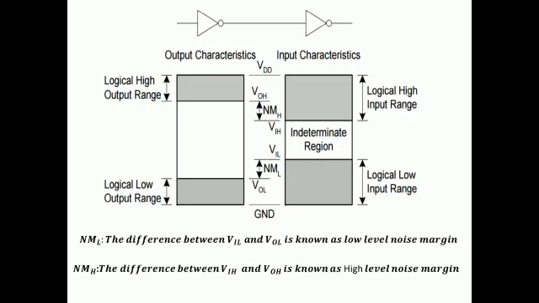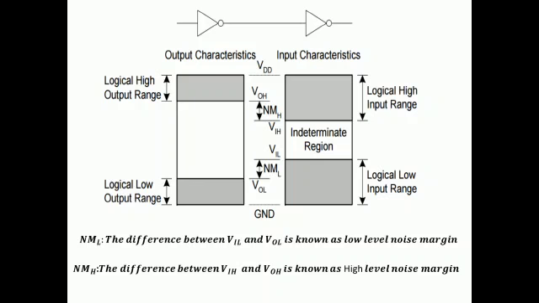So see here, these are the output characteristics and these are the input characteristics. They are having some range for output low level voltage, output high level voltage, input low level voltage and input high level voltage.